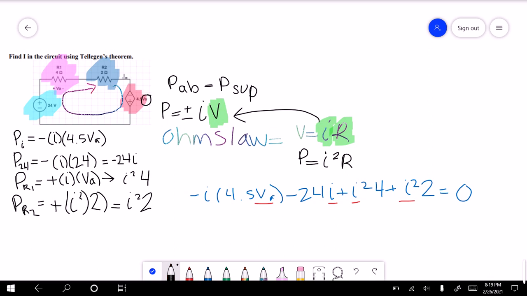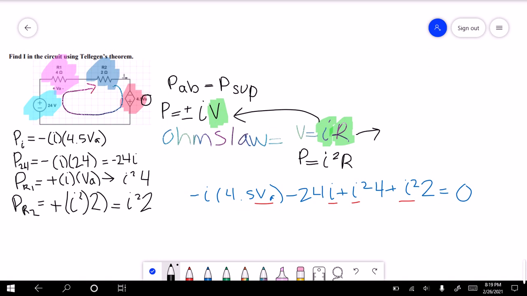So we need something to substitute for either voltage A or the current. Looking at Ohm's law, we need voltage and resistance to solve for current, but we don't know voltage because we don't know VA.